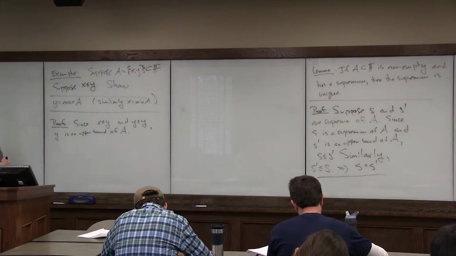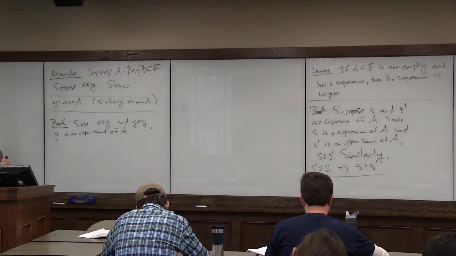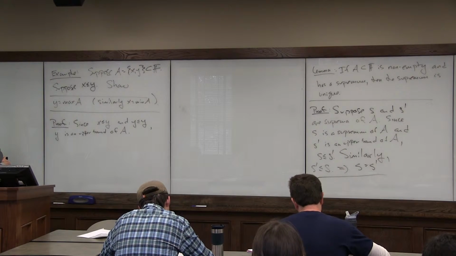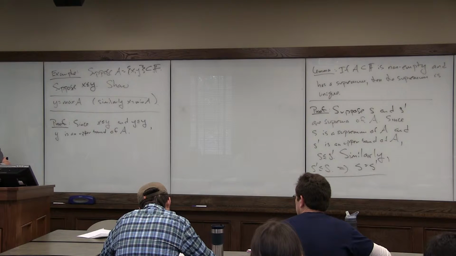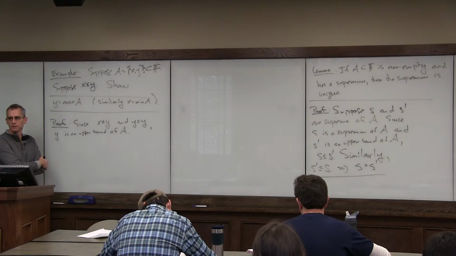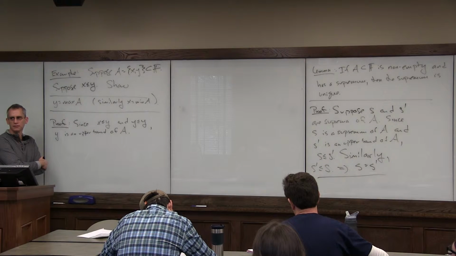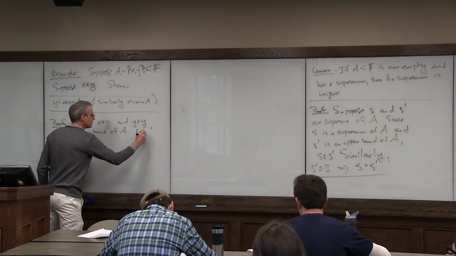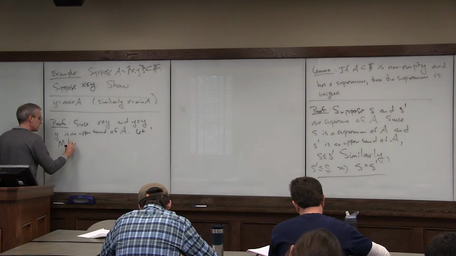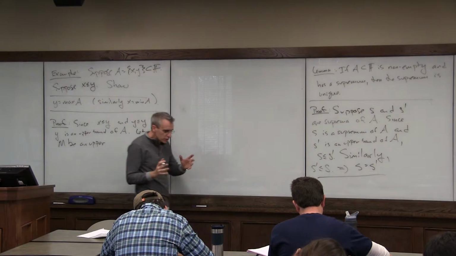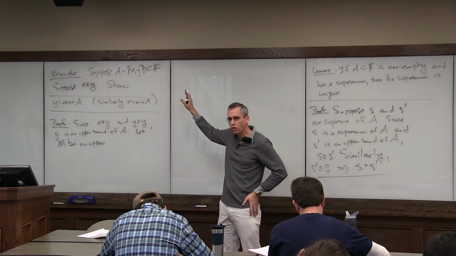What's the next thing I need to check? Y is the least upper bound, the sup. So what's my opening line to check that something is a sup? Let M be an upper bound. In this case the proofs are really simple, but the opening lines are all the same.